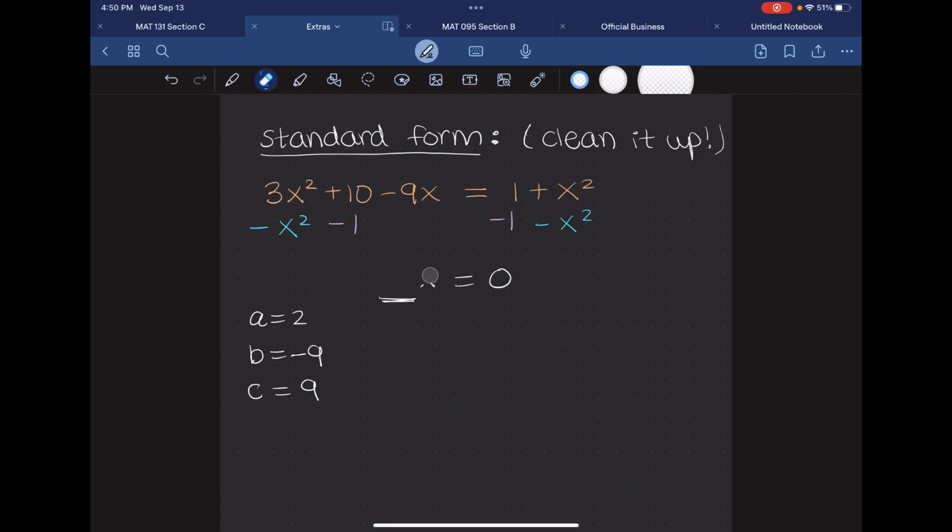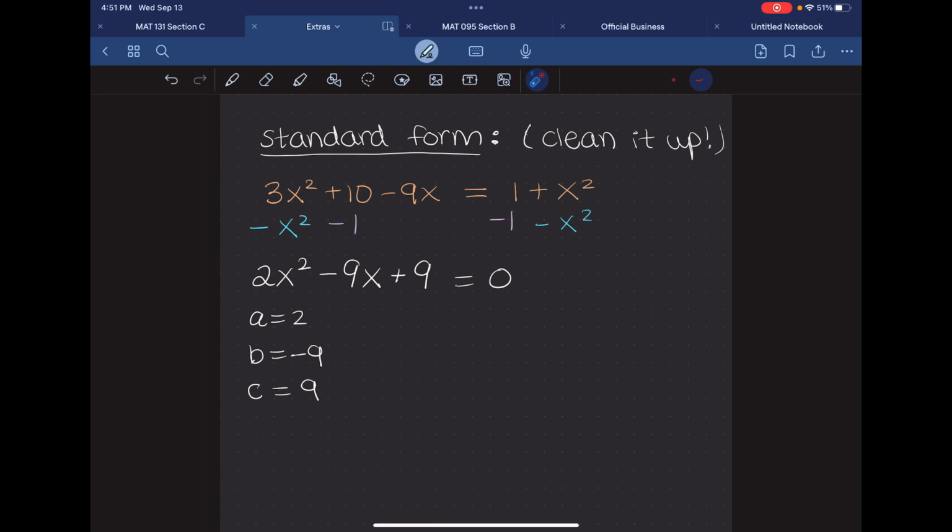So we would have 2x squared, and then we'd write our minus 9x, and then we'd write our plus 9. And so now, definitely, you see that our a is 2, our b is negative 9, and our c is positive 9.